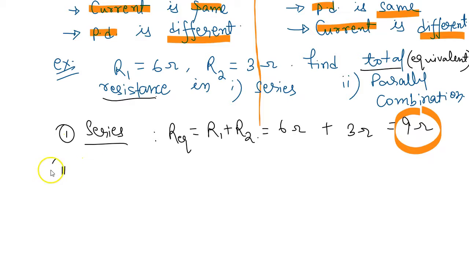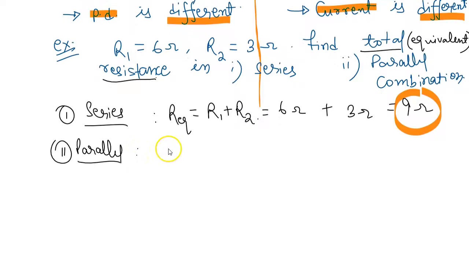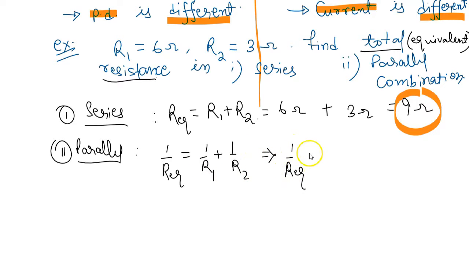Next, talking about the parallel combination. So guys, in parallel combination, we will again apply the formula that 1 by R equivalent is 1 by R1 plus 1 by R2. So putting the values, 1 by R equivalent is 1 by 6 plus 1 by 3, right? I have just put the values of R1 and R2 in the formula. So it's given R1 is 6, R2 is 3.